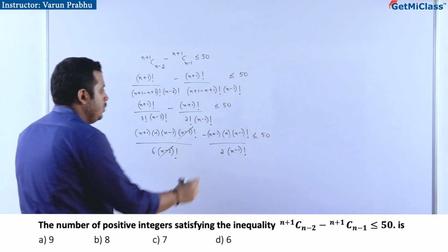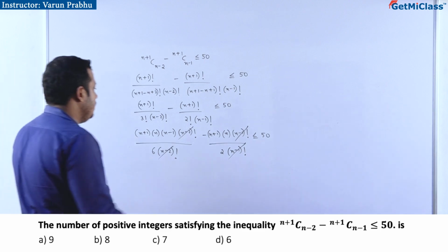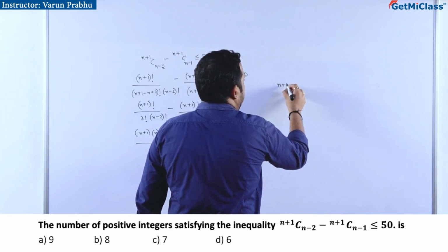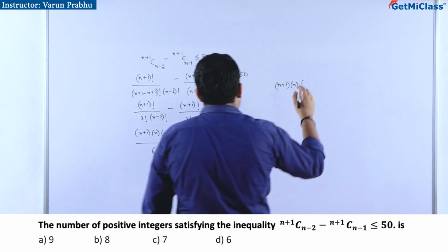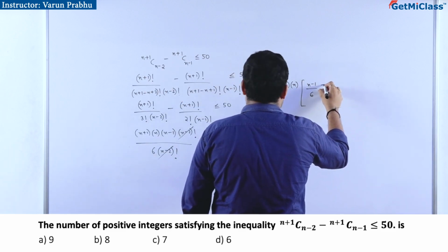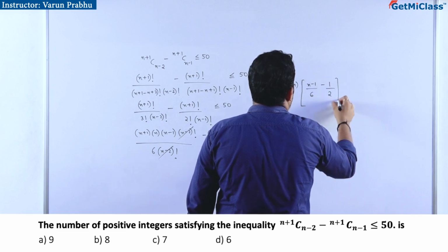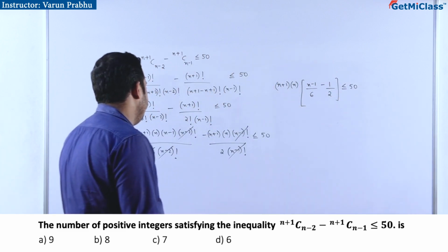What do you say? So (n-1)! and (n-1)! will get cancelled. So your answer will be (n+1) into n into (n-1) divided by 6, minus 1 divided by 2, should be less than or equal to 50, correct or not?